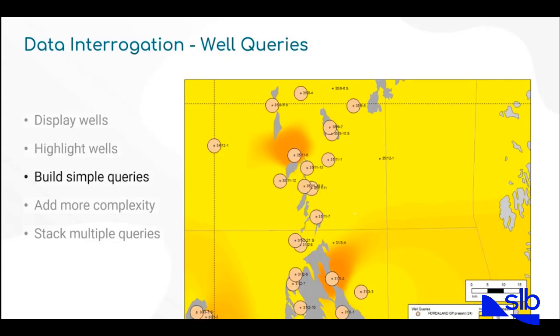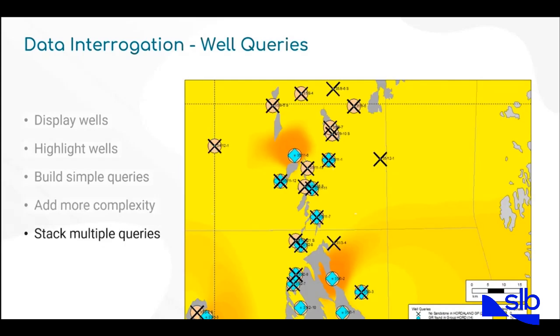So of all of these, highlight the wells that have Hordaland group present. And you can see we have some wells that are still visible, but they don't have that orange highlight on them. So those are very simple queries, but you can stack them up and add in multiple queries to the database, to the map, so that you can see the wells that are going to be useful to you and are going to help you generate the grid, for example.